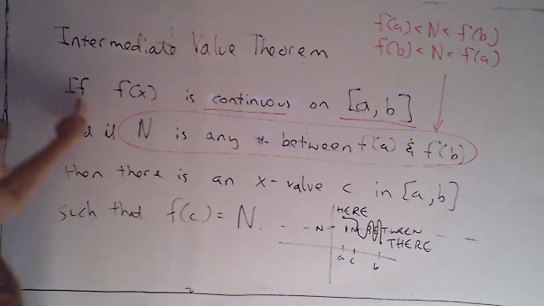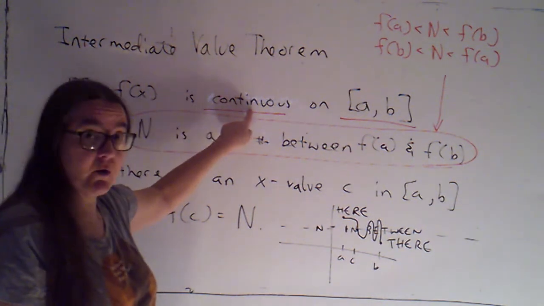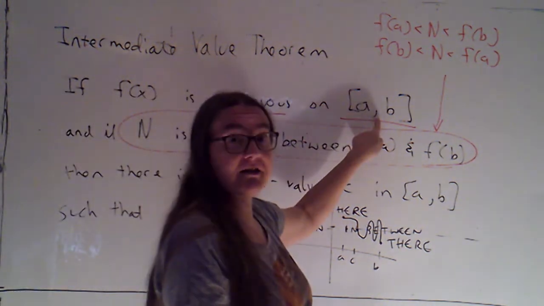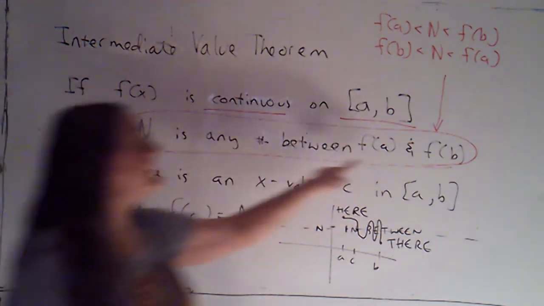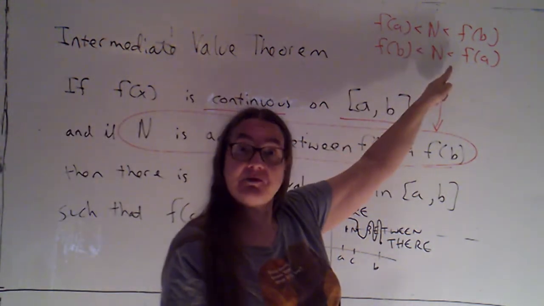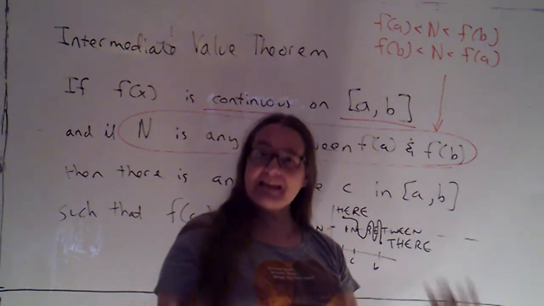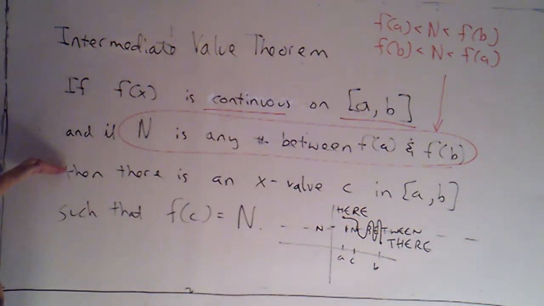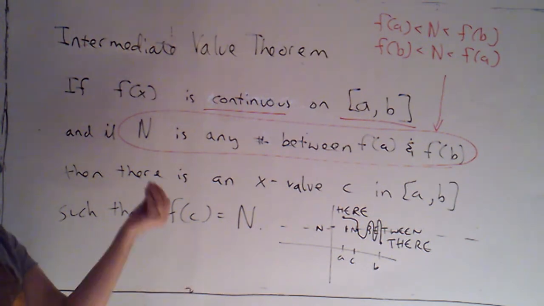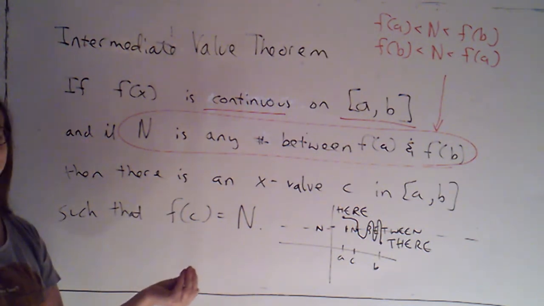So we are going to have to state that our function is continuous on a finite closed interval. We are going to have to state that there is an inequality that puts n in between the function value at the endpoints of that interval. And then we just state our conclusion, that there is an x value at which we will actually hit that in between y value.